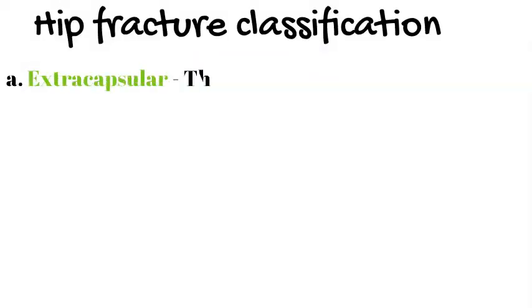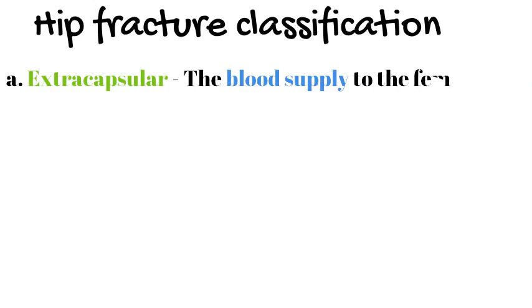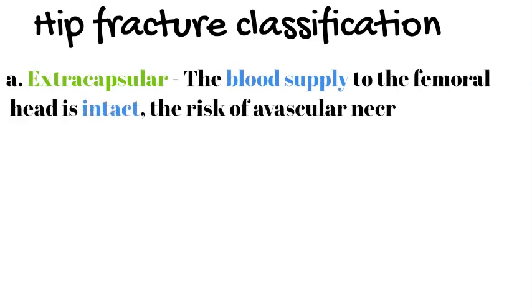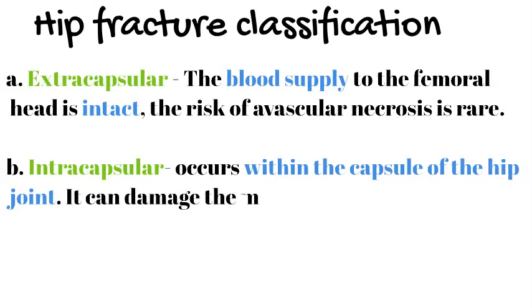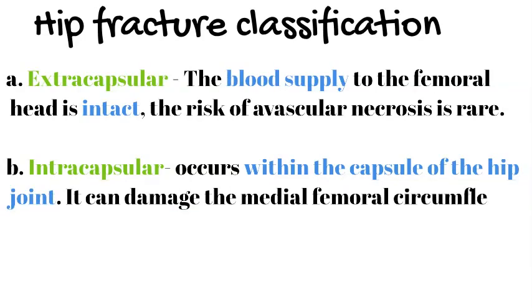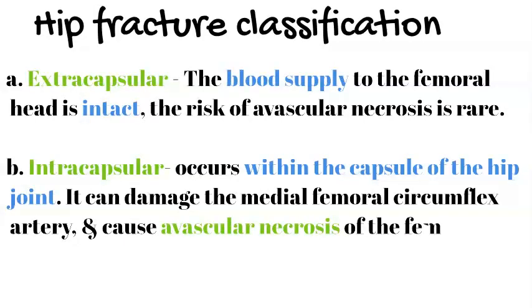For A, extracapsular, again, the blood supply to the femoral head is intact. The risk of avascular necrosis is rare. For B, intracapsular, that occurs within the capsule of the hip joint, it can damage the medial circumflex femoral artery and cause avascular necrosis of the femoral head.